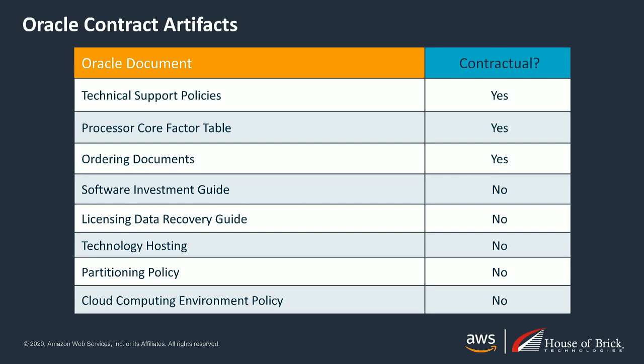The next thing to understand is that, expanding from that one sentence that I just read out into the whole vast, dizzying array of documentation that Oracle makes available to their customers, which documents are binding contractually, in the sense that you either signed an agreement when you purchased your Oracle products or when you signed your master services agreement with them that says these documents are binding, or they're included by direct reference in those contractual documents that you signed.